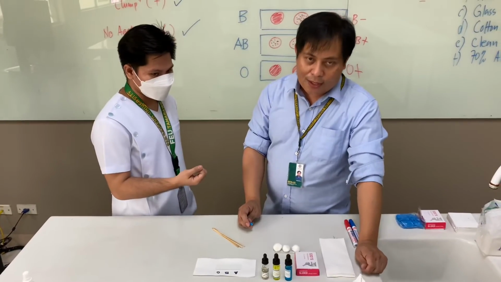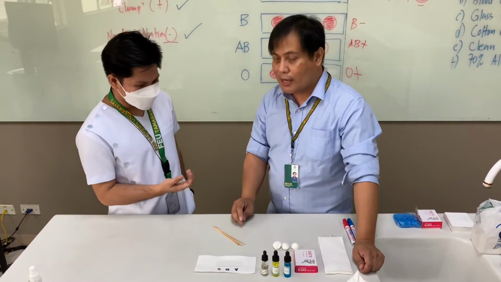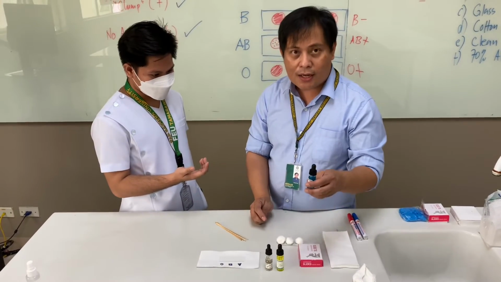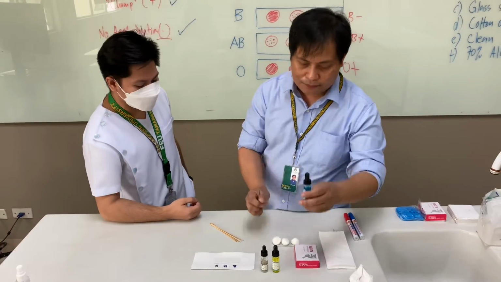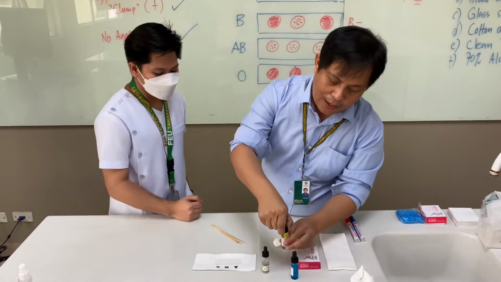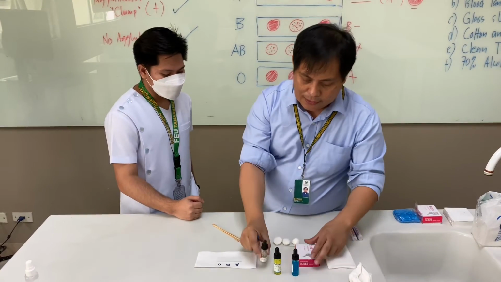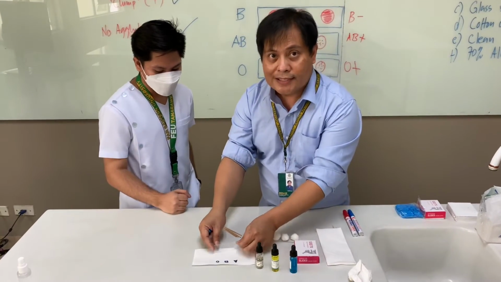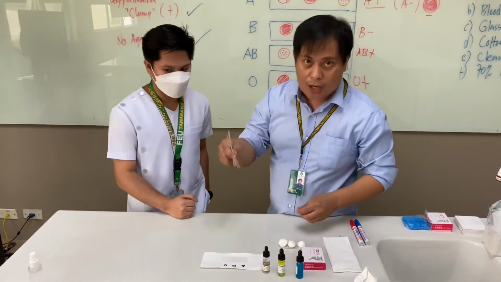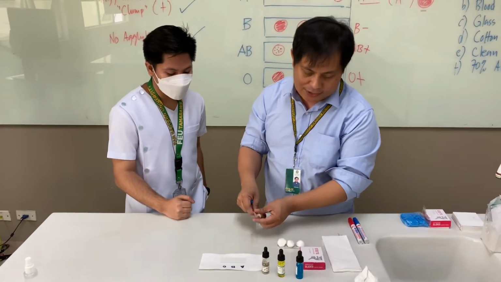Good morning once again. We are now facilitating the blood typing exercise, and I have here with me Vaughn as my patient today. Here with me are the materials. This is your anti-serum A. This is your anti-serum B. And this is your anti-serum D. I have here the glass slide, and the cotton applicator, which is intended to mix the blood sample and the anti-sera.